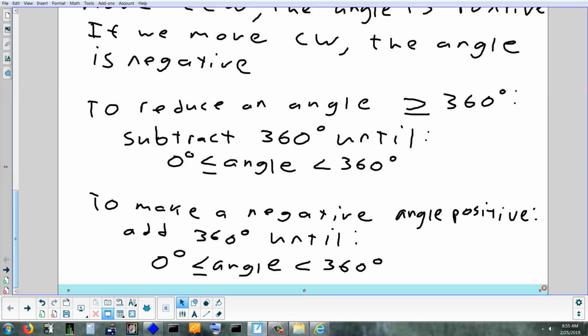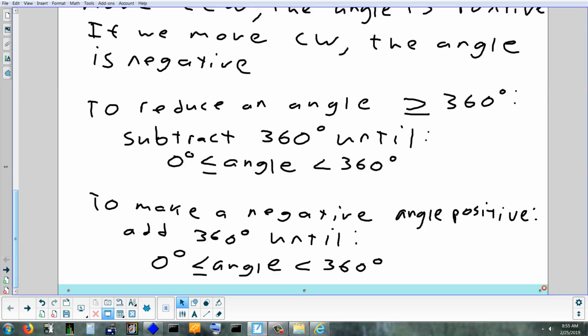You won't go back to where you started. Okay, so add 360 as many times as you need to till you finally get an answer between 0 and 360. And that's going to be the easiest version of the angle to work with.